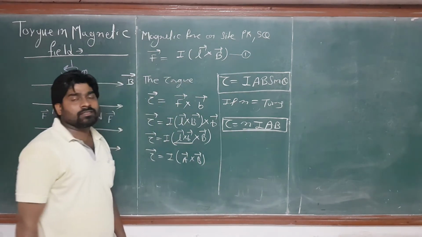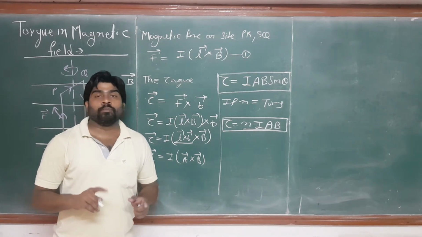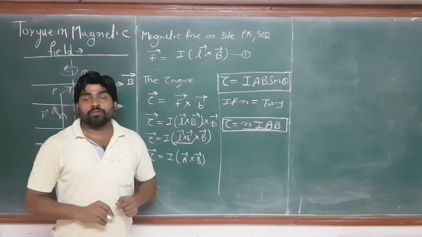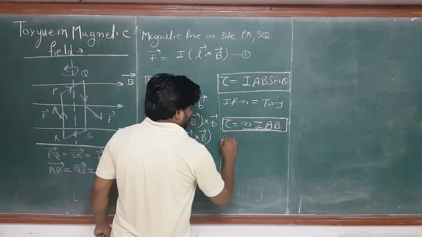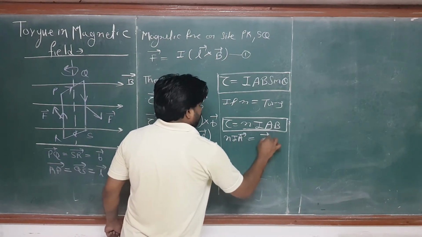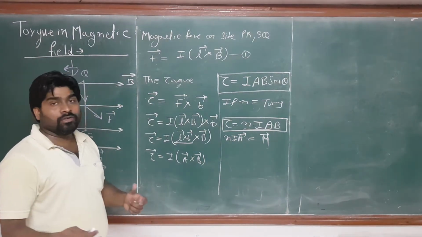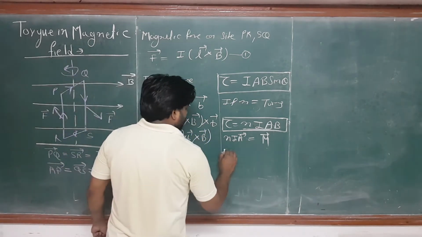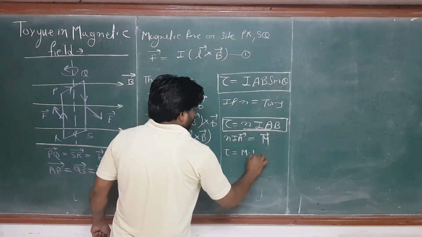You can compare this equation with the electrostatic case, where the torque is equal to PE sine theta, where P was the dipole moment. So here also there is a magnetic dipole moment. So here we take NIA, vector A, is equal to the vector M. So NIA is equal to the dipole moment denoted by capital M. I am writing here tau is equal to MB sine theta.